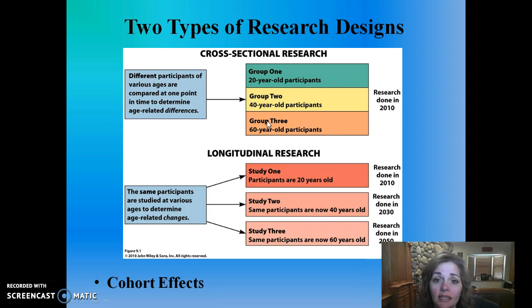The challenge with that is, since I have different participants in each group, there could be other individual variables contributing to the difference, and not just the aging factor. Additionally, there might be something unique about one cohort compared to another. A cohort is a group of people that you travel through time with. Maybe there's something distinctly different about 20-year-olds today than 60-year-olds: the technology they're exposed to, social media, education, and larger cultural values are just very different.